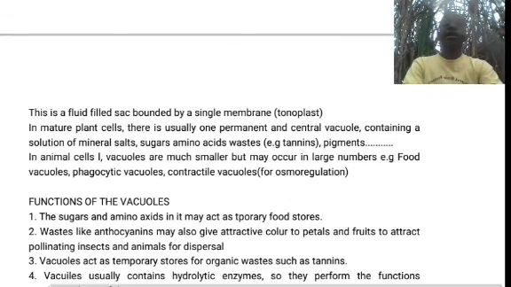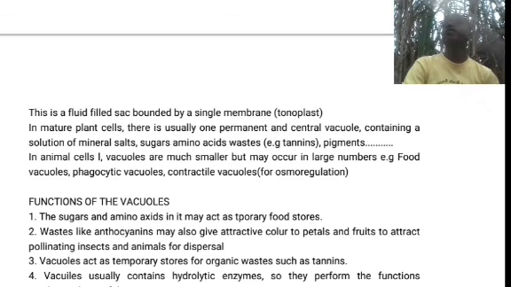So now, in mature plant cells, there is usually one permanent and central vacuole containing a solution of mineral salts, sugars, amino acids, wastes, e.g. tannins, pigments, etc. So this one is very clear in plant cells, whereby they have one permanent central vacuole. And in your O level, you could say that it contains the cell sap.